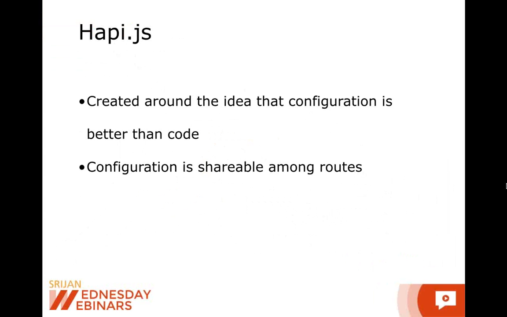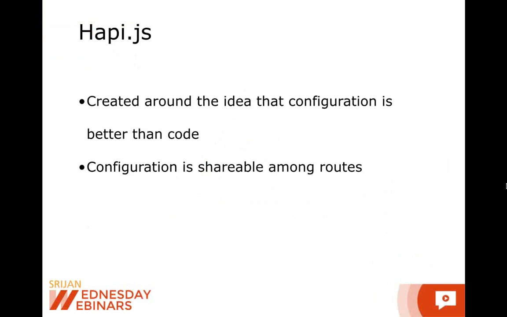Configuration is shareable among routes because they are actually functions and nothing else. Those functions have to be created anyway, so they can be shared very easily among different routes. So for example, there are 10 routes which need a user object before moving forward.